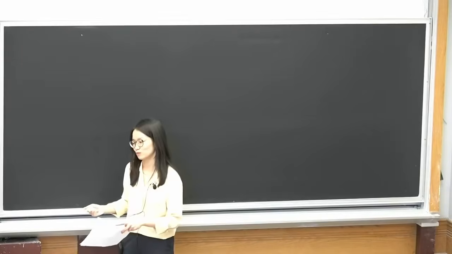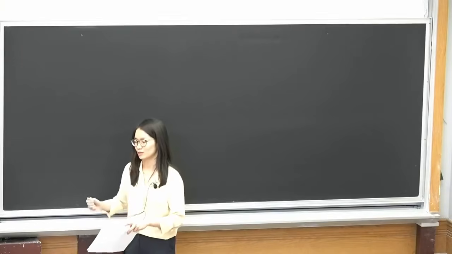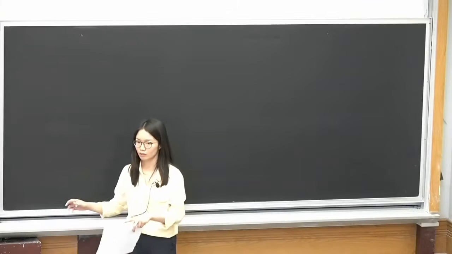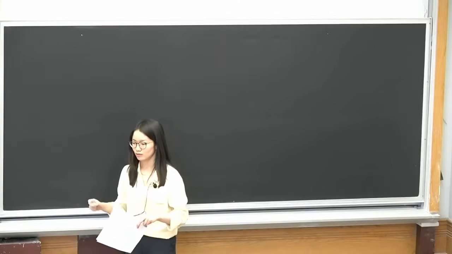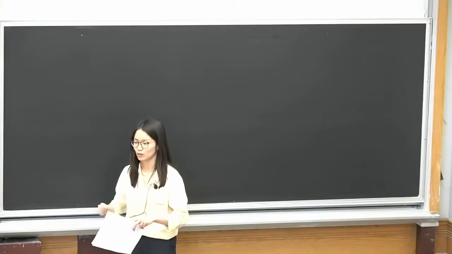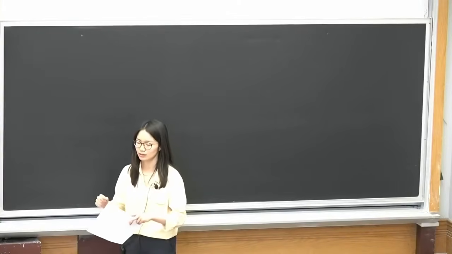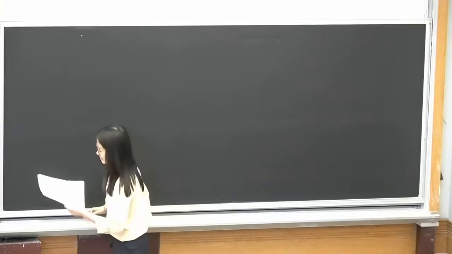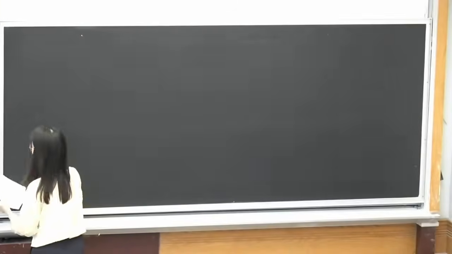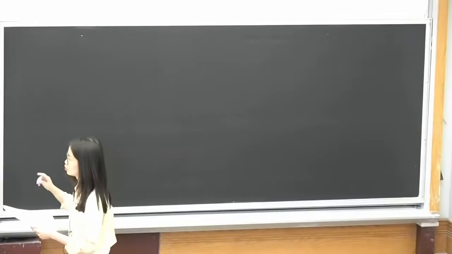Sometimes when we want to apply induction, we need to find the right class of objects that is general enough so that we can run the induction, but not too general so that the conclusion is false. So that's our starting point.